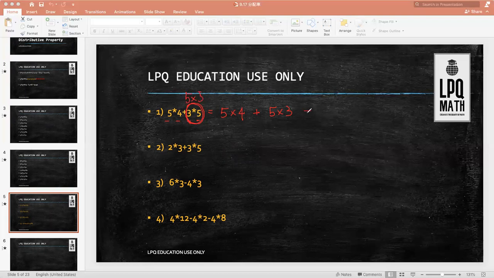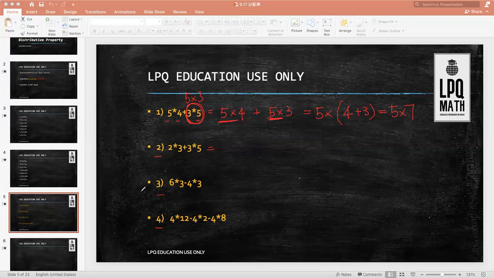So we have 5 times 5 times (4 plus 3), which equals 5 times 7, which equals 35. Okay, we have questions 2, 3, 4 and 5. I want you to pause and try them yourself.